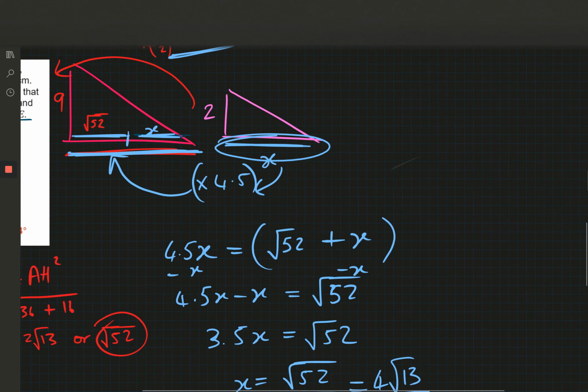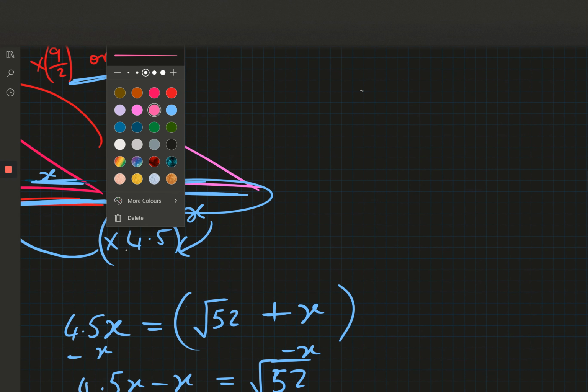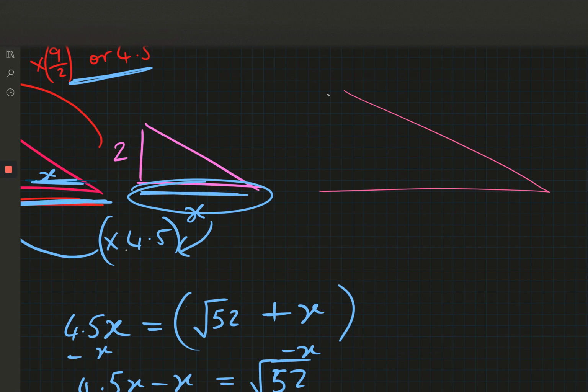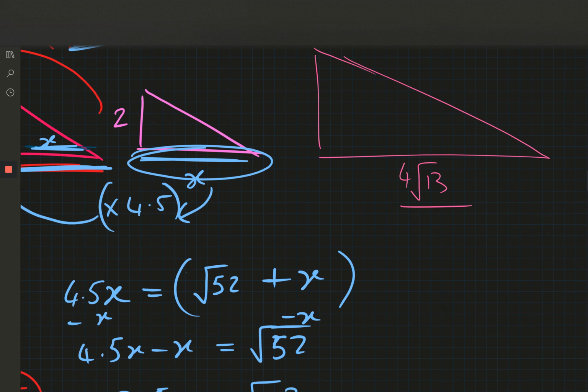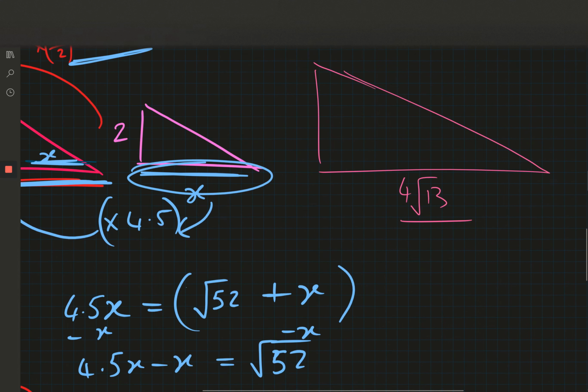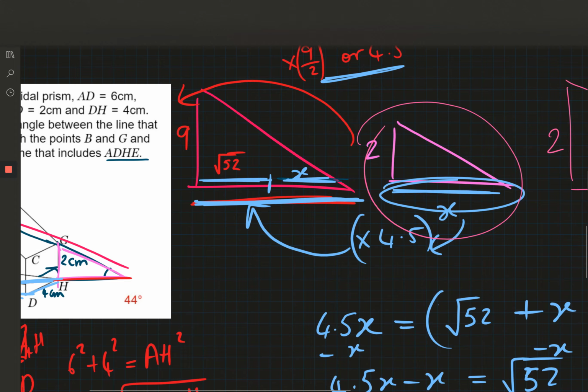And then we can use this small pink triangle to work out the angle, because that's what we're interested in here. So we can say that this length here is 4 root 13 over 7. I'm just making this small triangle a bit bigger here for you. And then that length is 2. And now we just need to find theta. And that represents this angle that we want here.